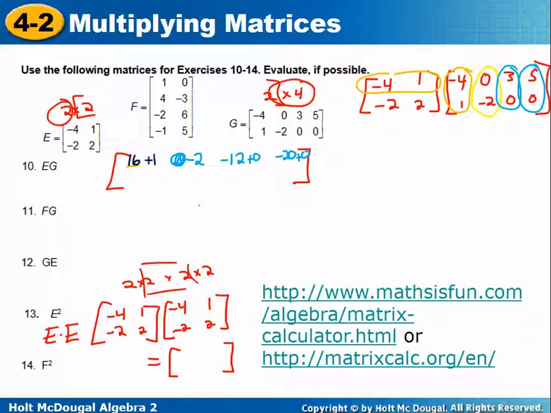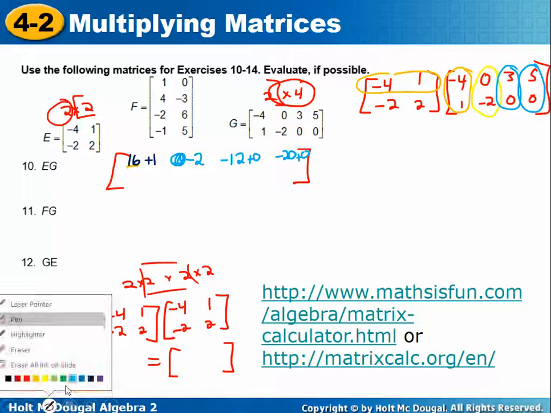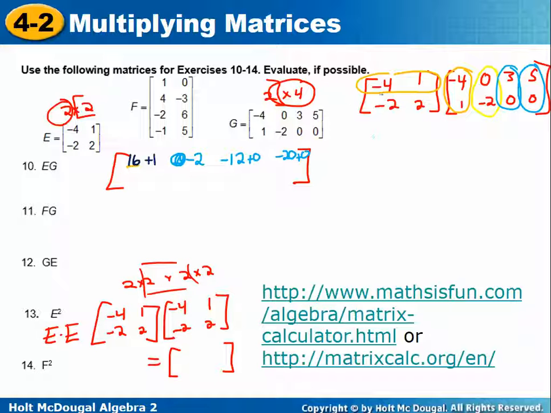Okay, now I'm ready to move to the second row and do the same thing with all of the same columns. So I have negative 2, 2 for my second row, and I'm going to start by multiplying it by this first column. So negative 2 times negative 4 is positive 8, and then I have 2 times 1 is 2. And then I have this row again by this second column.